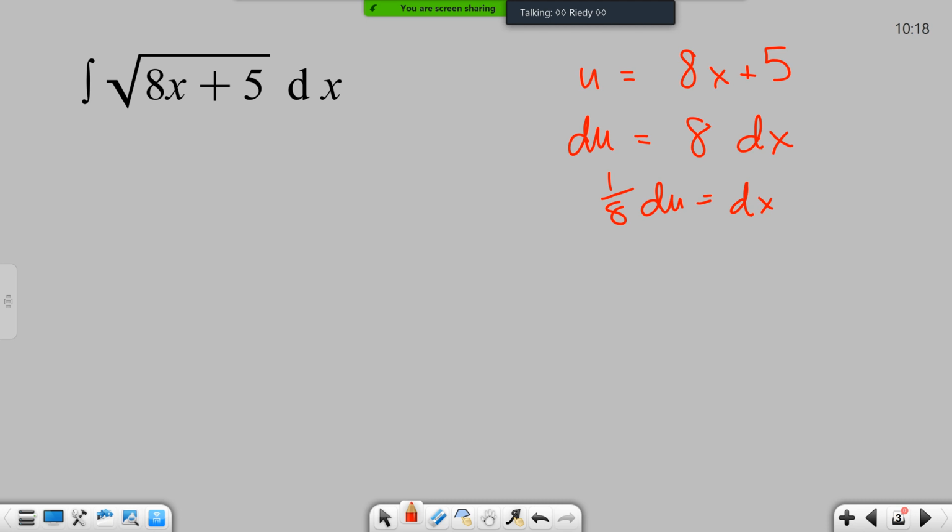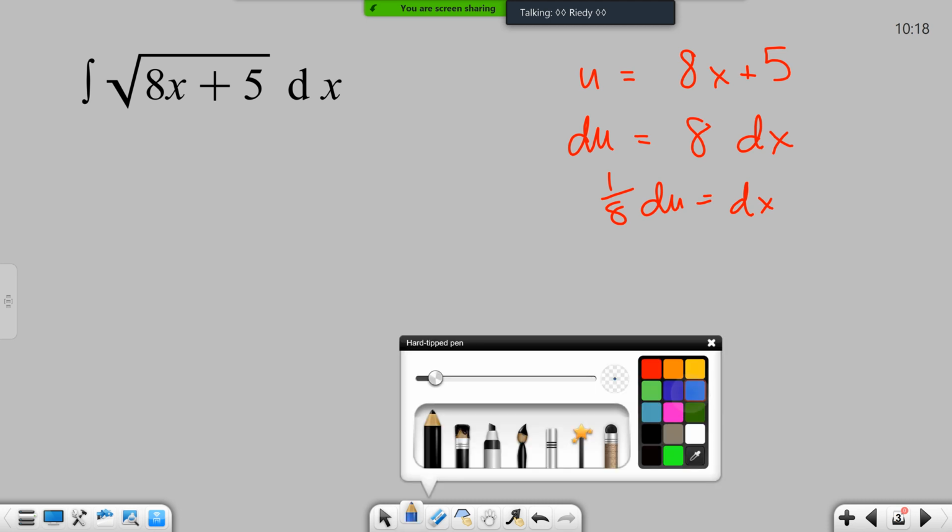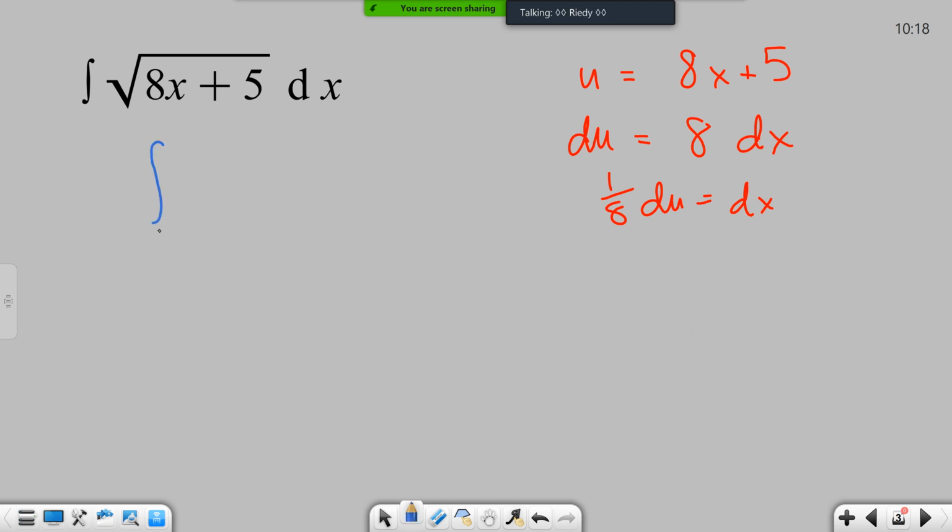Now we do some substitution. Here's the easy part. I'm going to go back to the original function, and I'm going to sub in what I know. Well, I know that 8x plus 5 is u, because I chose it to be u up here. I know what dx is, because I solved for that here.